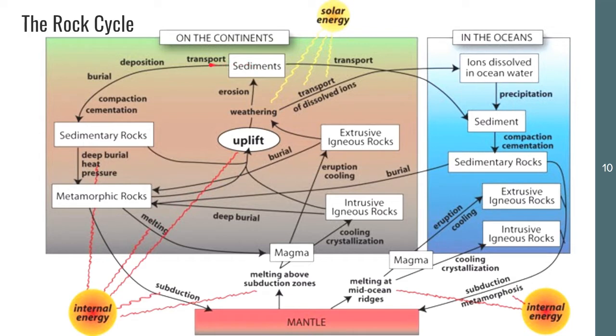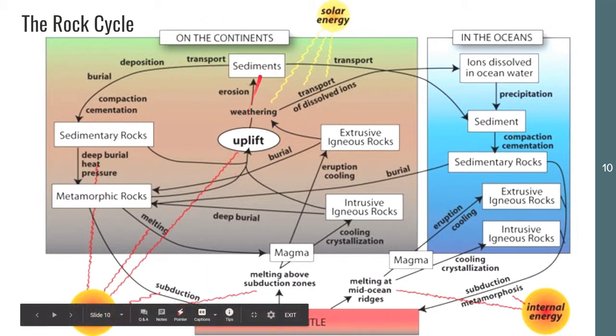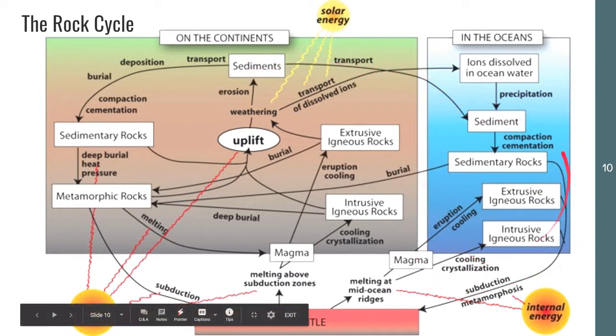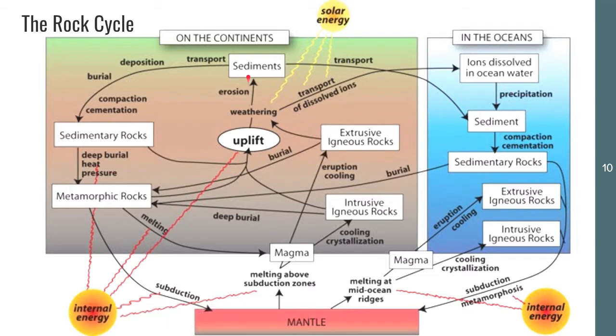They could remain and undergo processes on the land, on the continents, or they can be transported into bodies of water, into oceans, wherein they will undergo a different pathway. But one thing's for sure, extrusive rocks, once they are lifted to the Earth's surface, can undergo weathering and erosion to become sediments.